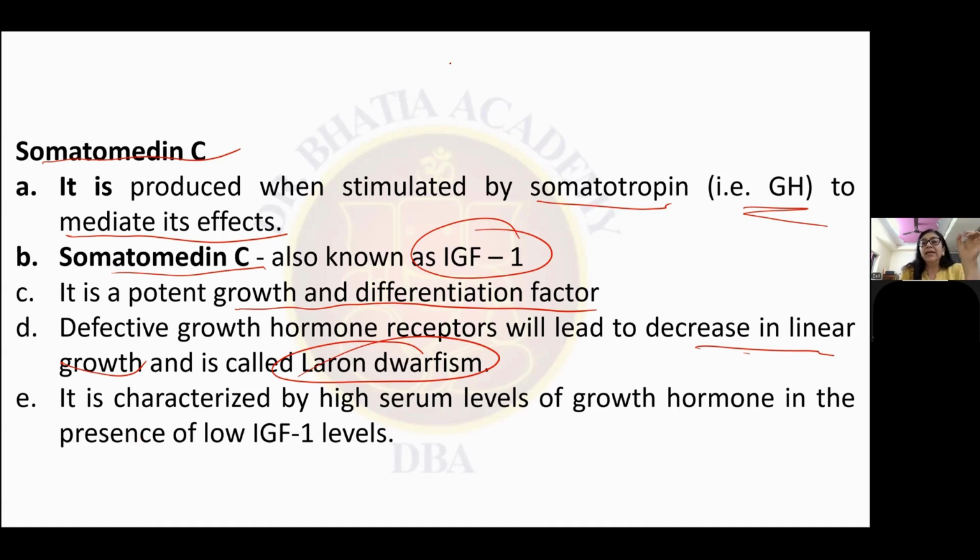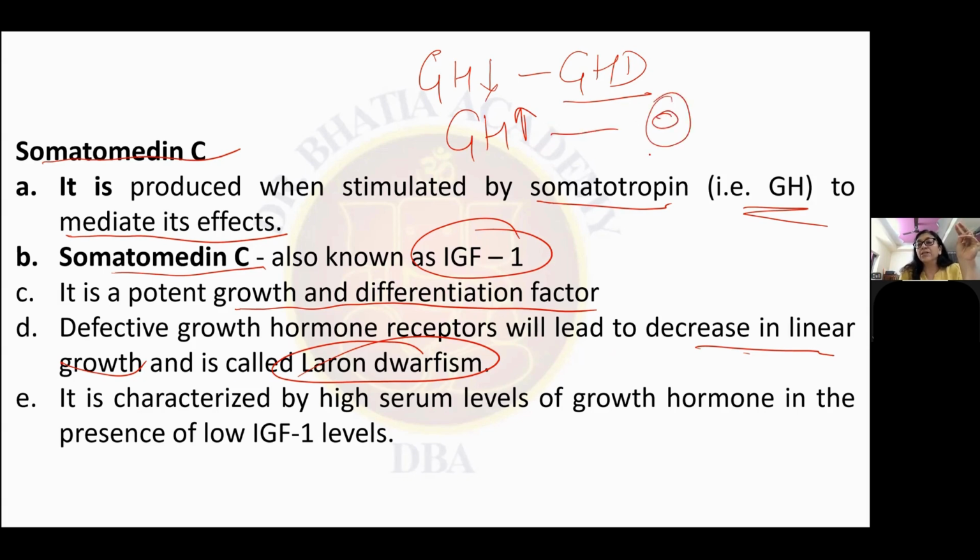So if the defect is at the GH level, that is, there is no hormone, we call it GHD, that is growth hormone deficiency. If the defect is at the receptor level, that is, the GH is high, but there are no receptors in the end organ, then that condition is known as Laron's dwarfism. And we still don't have the treatment for Laron's dwarfism in our country.